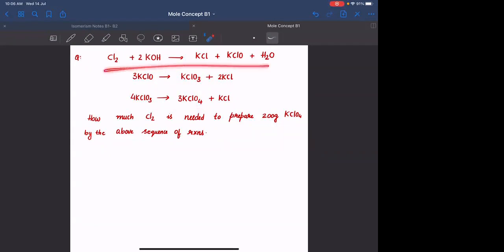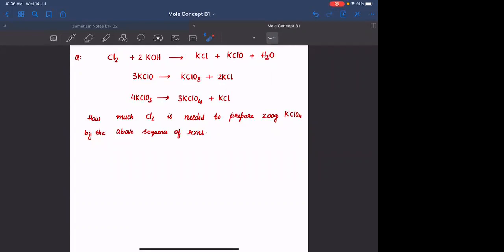Okay, these are the sequence of reactions. What is happening? Cl2 first reacts with KOH to give KClO. That KClO further reacted to form KClO3. From KClO3, you are forming KClO4. The question says how much Cl2 is needed to prepare 200 grams of KClO4 by the above sequence of reactions.